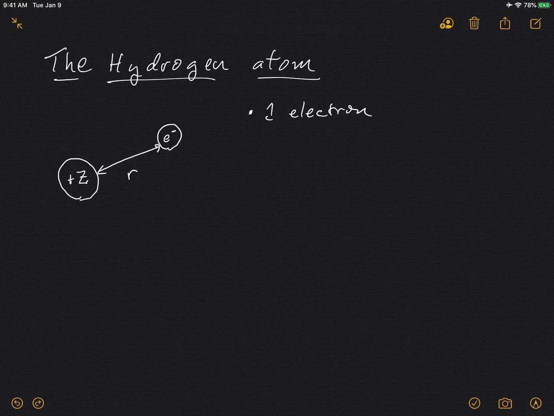Okay, so we have a system here where we have a nucleus with charge plus Z. Now, for the case of hydrogen, it would be +1 in terms of multiples of an electron's charge. And then, of course, we have an electron with a charge of -1, or minus an electron.